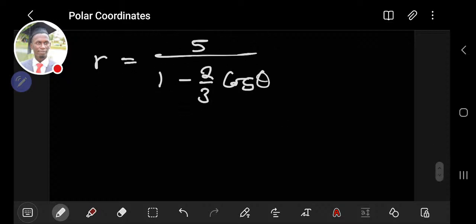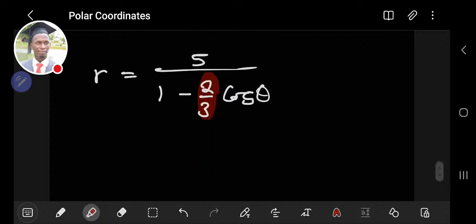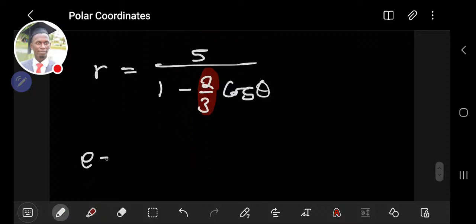Once this is done, again, if we compare, it implies that the coefficient of the cos has to be our e. In this case, it's the 2 over 3. So we conclude that our e is equals to 2 over 3. And when we see our e being 2 over 3, well, this is less than 1.